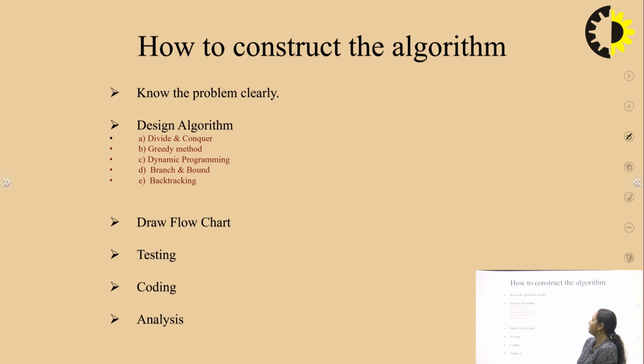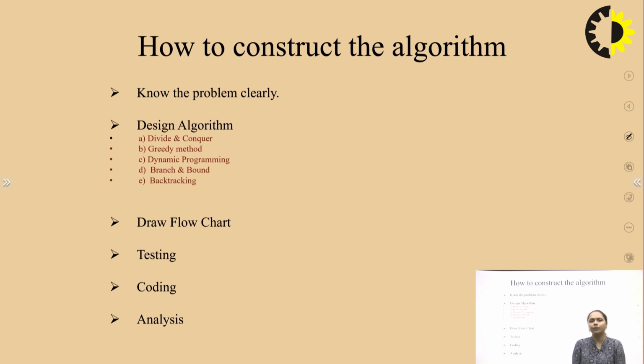What is the process? First, we should know the problem clearly. We should have a clear-cut problem statement so that we can design a solution. And for designing a solution, first of all, we should write an algorithm.